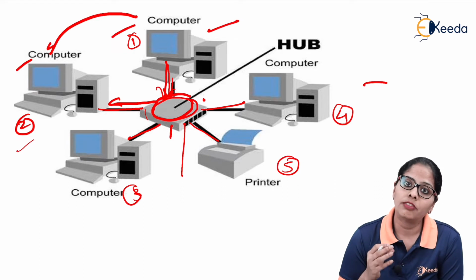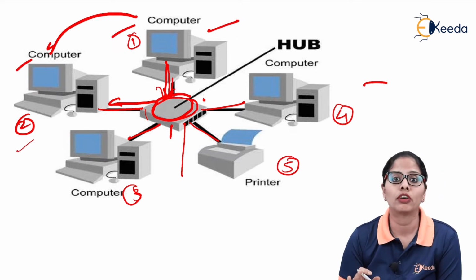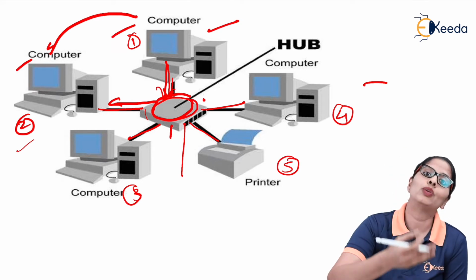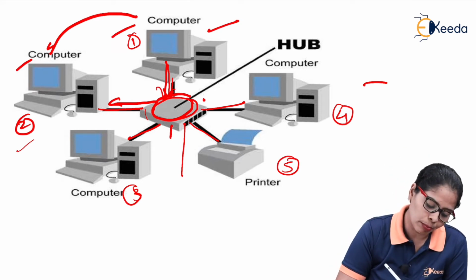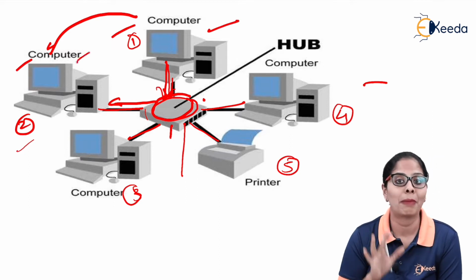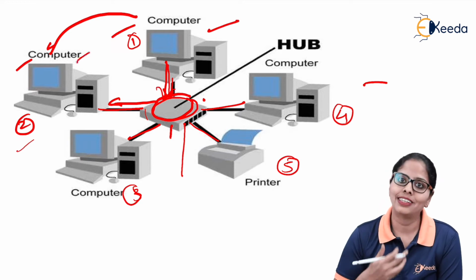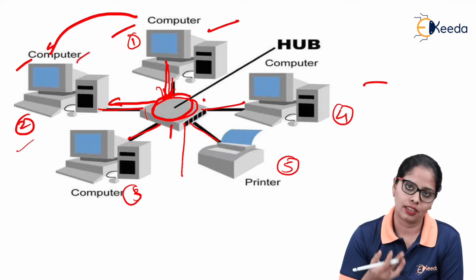But the hub just takes that data, it does not do any modification, and sends it to computer number 2. That type of hub is called a passive hub. Whatever data it gets, it transmits to the other end.